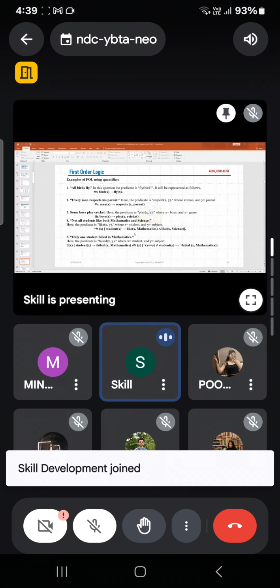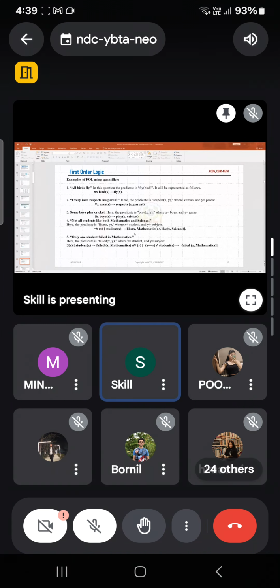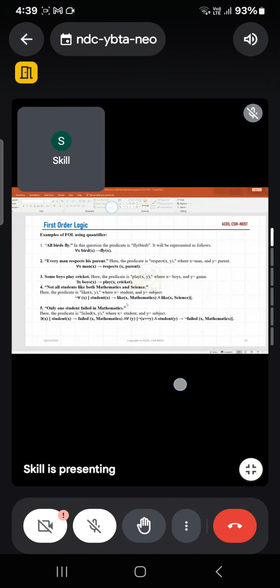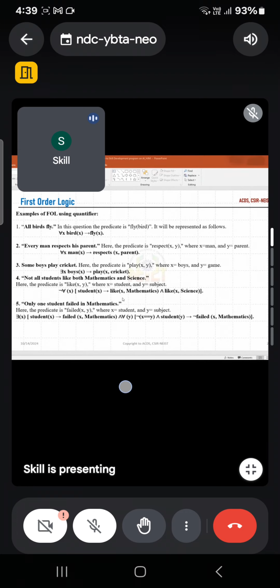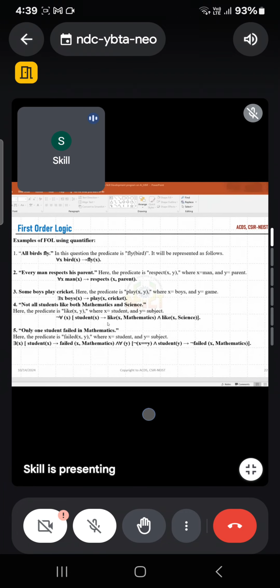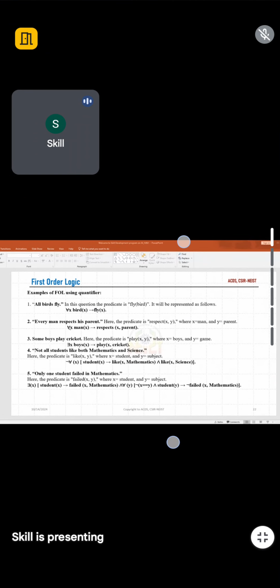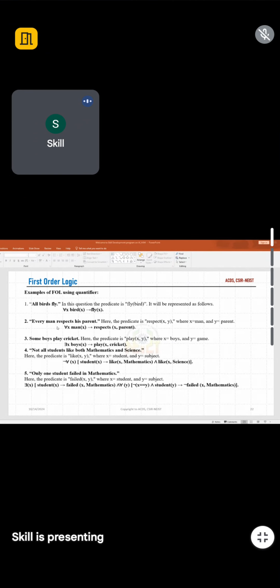Further, we will see some examples of first order logic using quantifiers. All birds fly. In the previous example also we have seen how we can write this. So for all x, we can explain this as x is a bird, and like this we can express it as a first order logic statement.